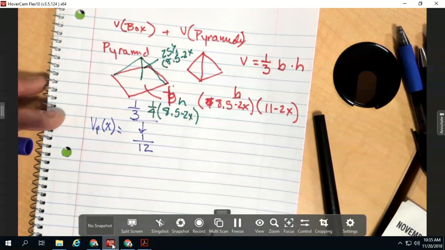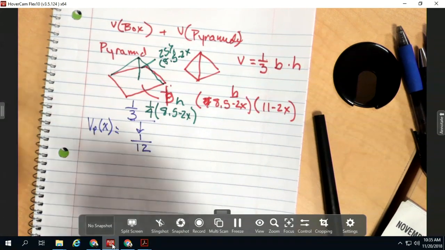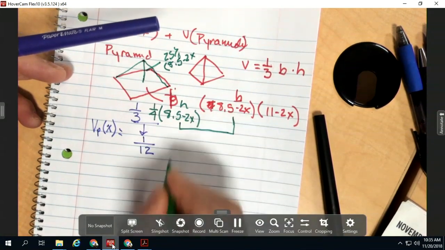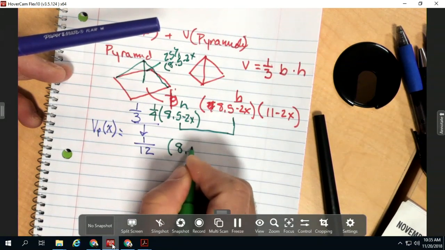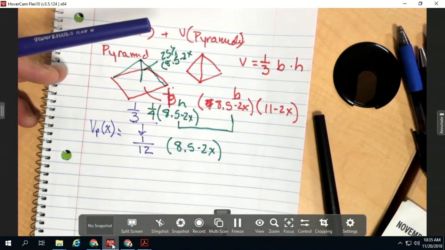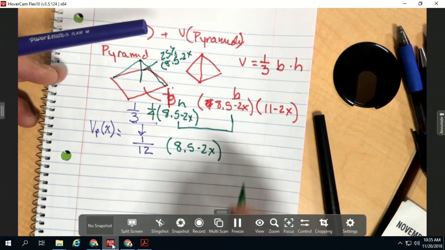1/12, right? What do you get when you combine these two? Two of them? No, not two of them.